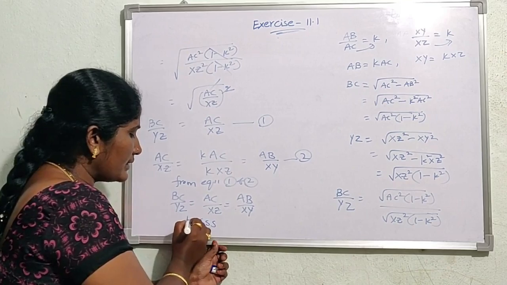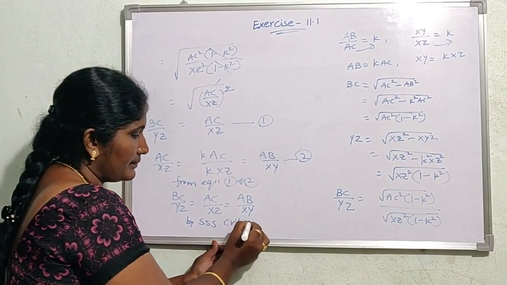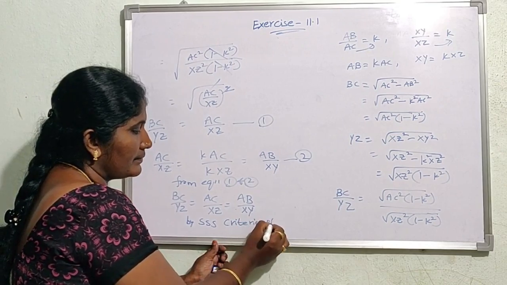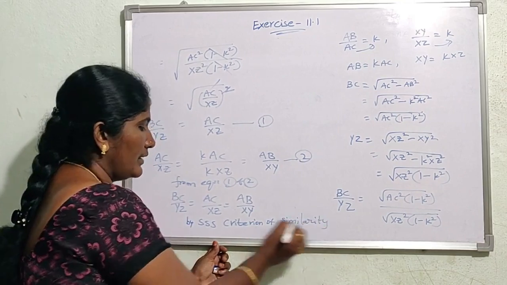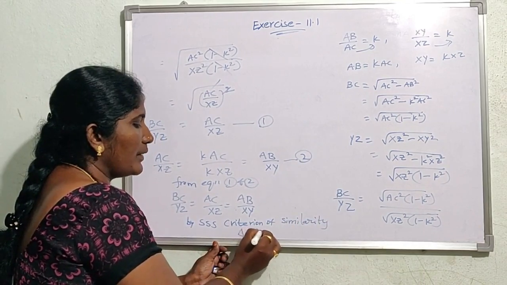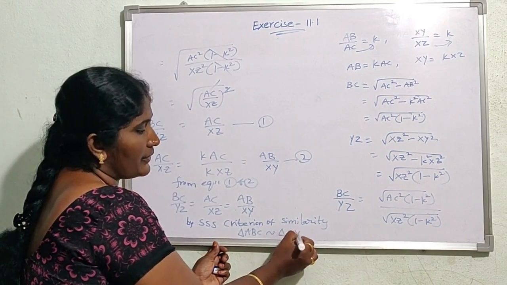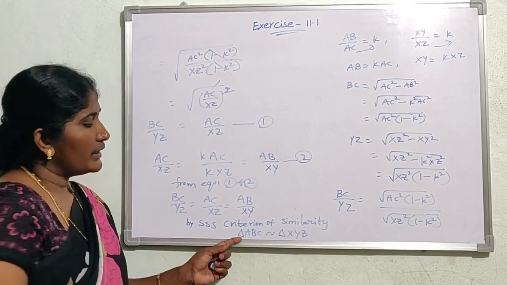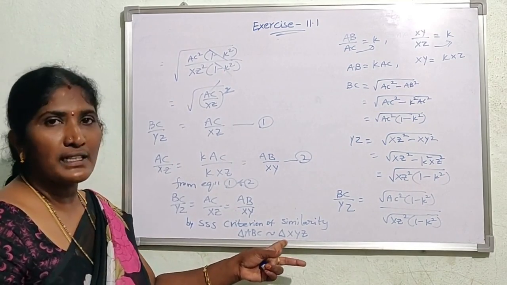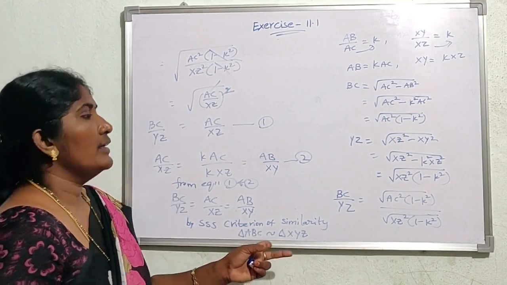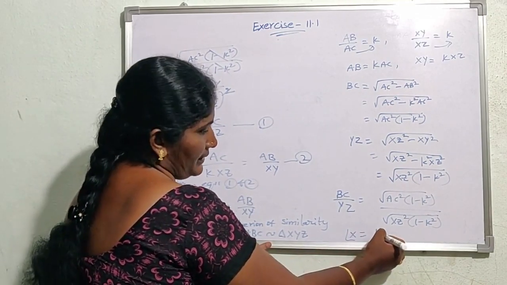By SSS criterion of similarity, triangle ABC is similar to triangle XYZ. If two triangles are similar to each other, then corresponding sides and corresponding angles are equal. Therefore, angle X is equal to angle A.